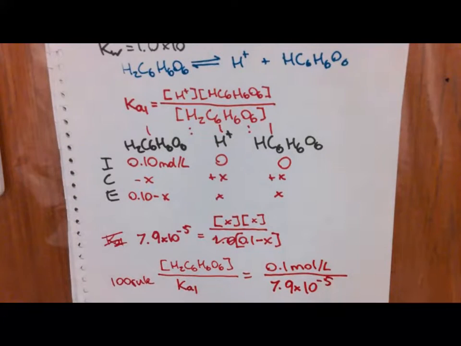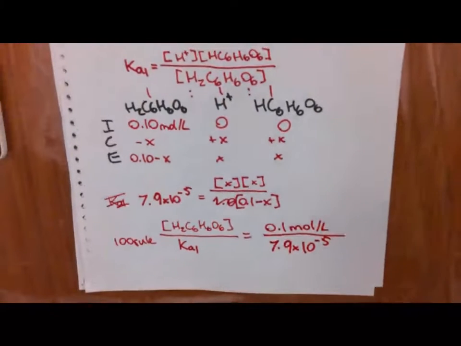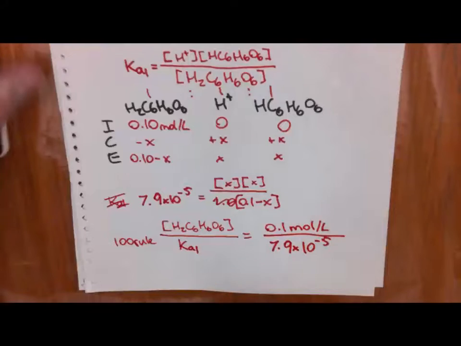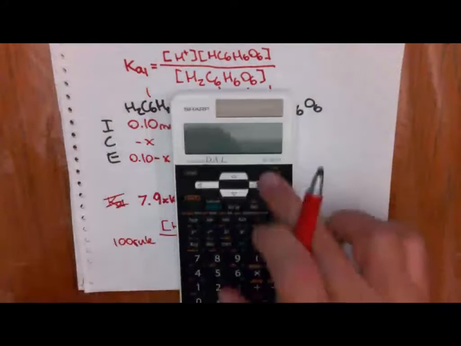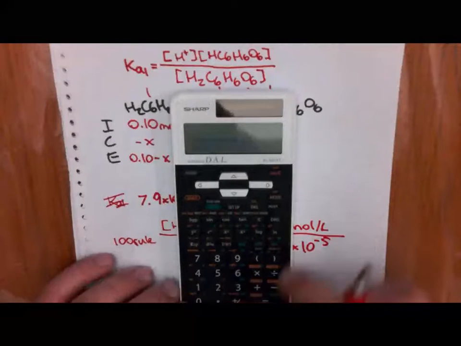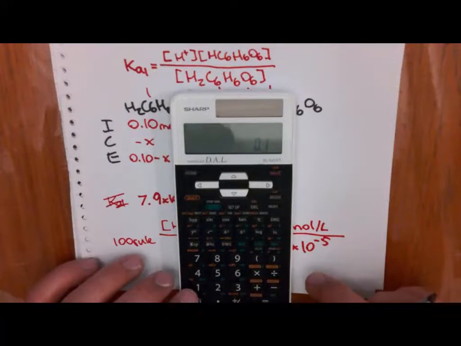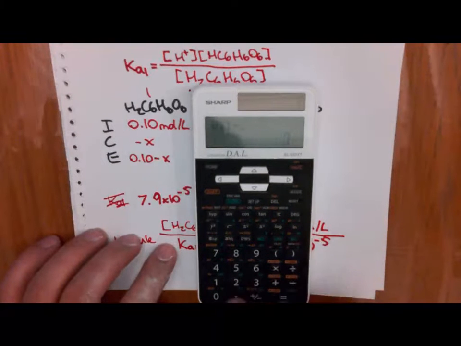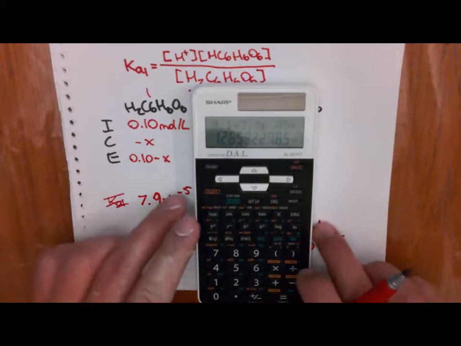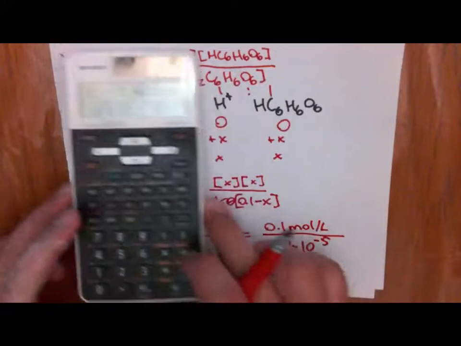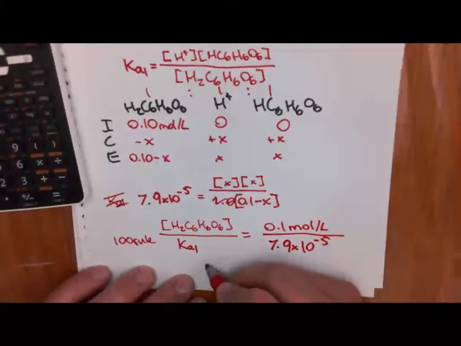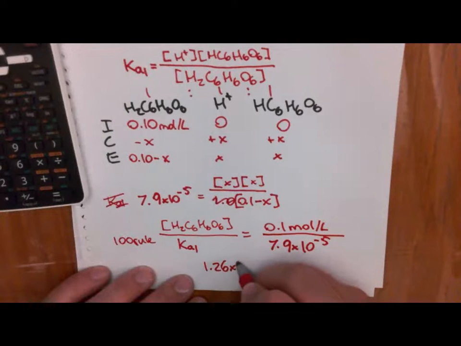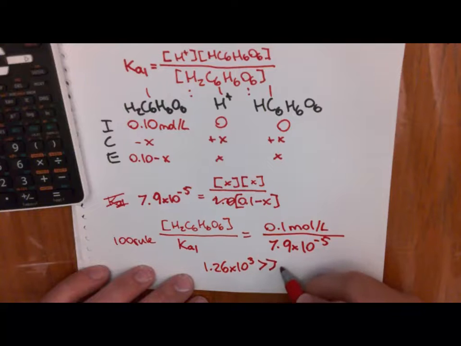And we're going to see that that ends up giving us, if I just quickly pull up my calculator, 0.1 divided by 7.9 times 10 to the negative 5, that's going to give us 1.26 times 10 to the 3. So 1.26 times 10 to the 3, obviously much larger than 100.